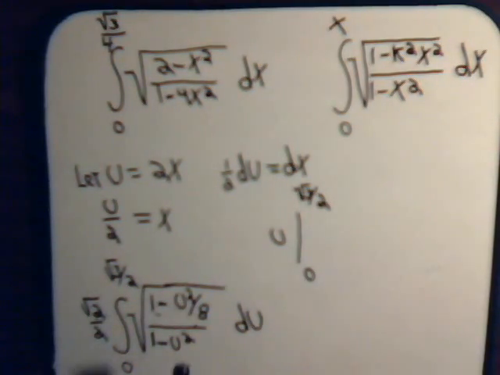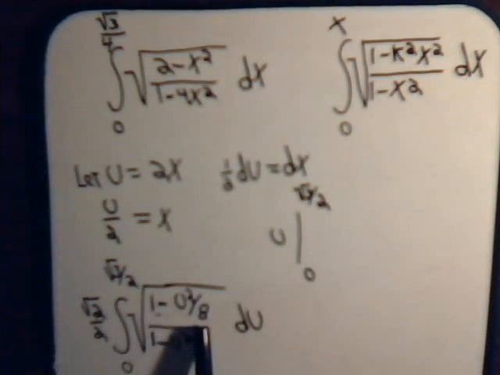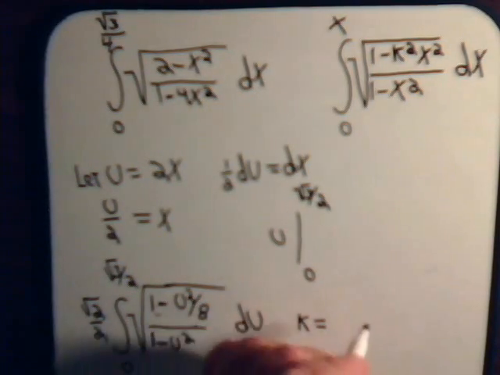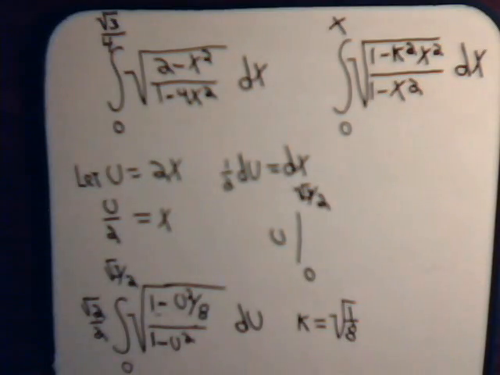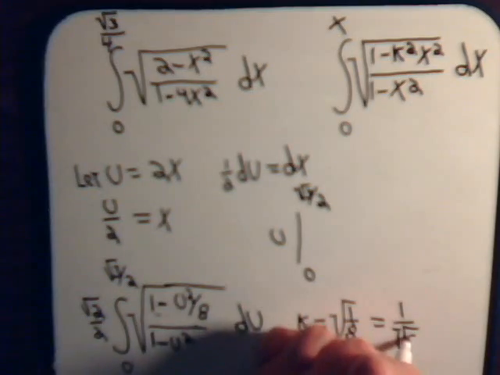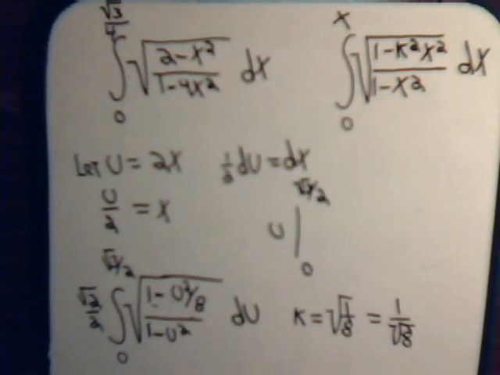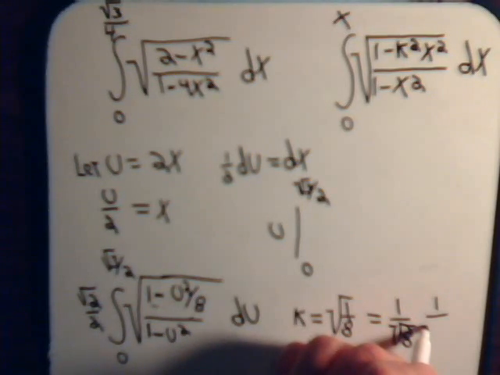And now here we have k squared times x squared. So k squared equals 1 over 8, or k equals the square root of 1 over 8, or that would be 1 over the square root of 8. And then we could probably, let's see, the square root of 8, that's the same thing as the square root of 4 times the square root of 2.